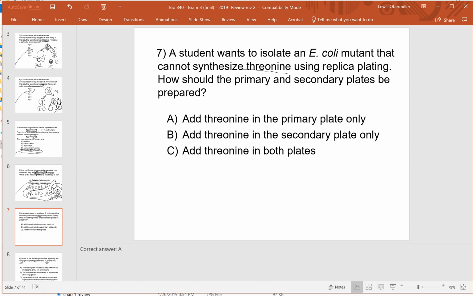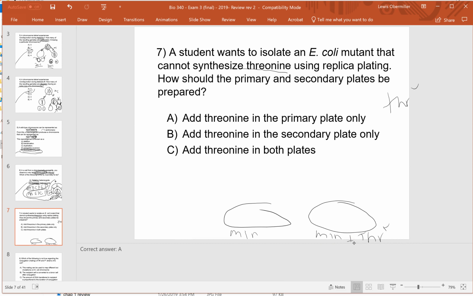Can't synthesize threonine. So we want to get a mutant that can't synthesize threonine using replica plating. So if we use minimal media and we have minimal media with threonine added to it, this would be the primary plate, and this would be the replica plate.